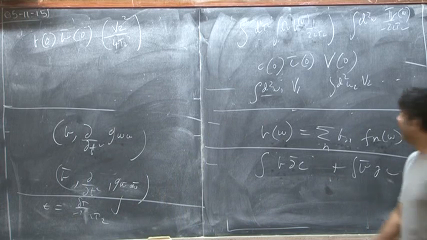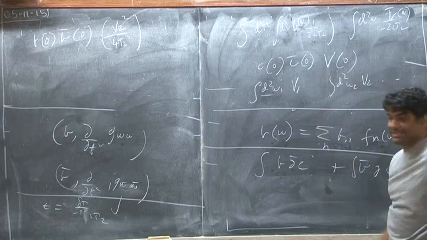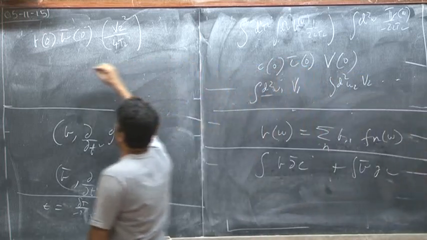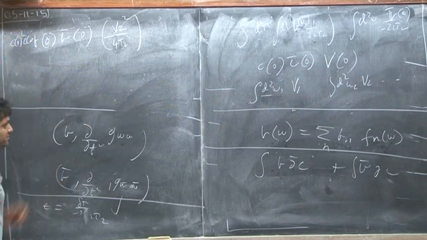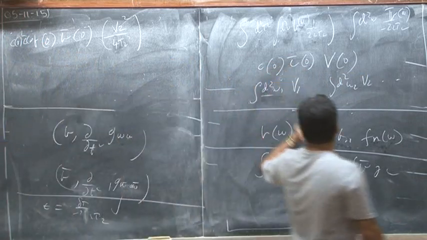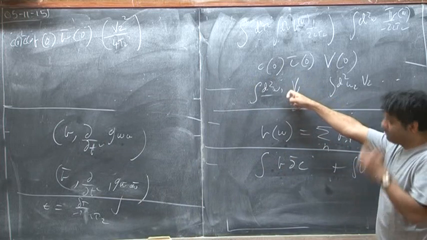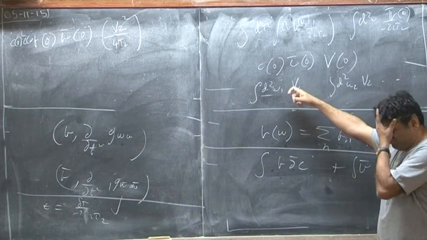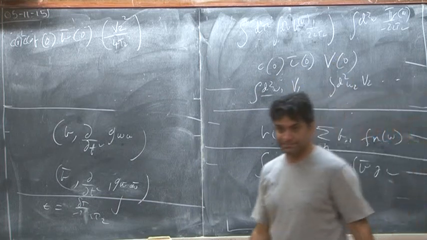Now, the next thing is this V. You see, I'm going to make this formula as I already have C of 0, C bar of 0. That's nice. C of 0, C bar of 0. Now, the next thing about this is this fixed vertex operator.